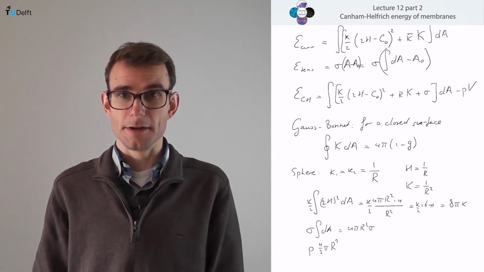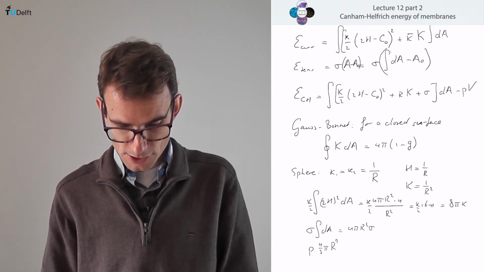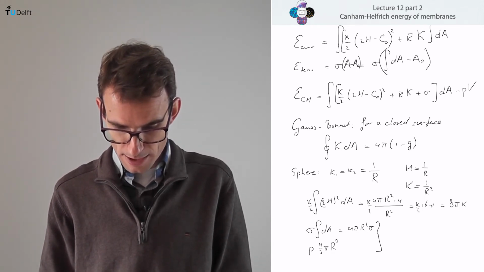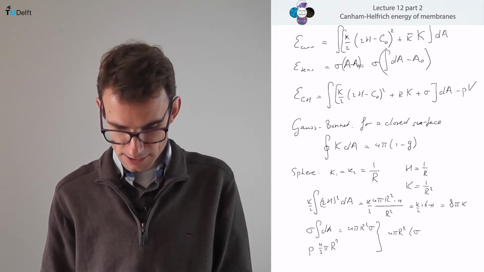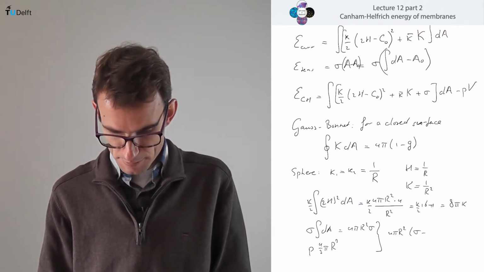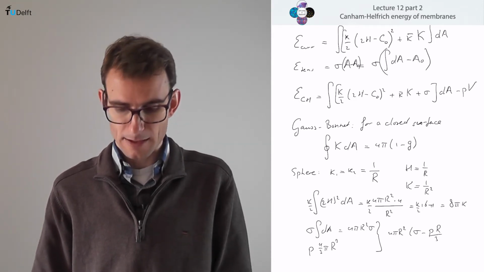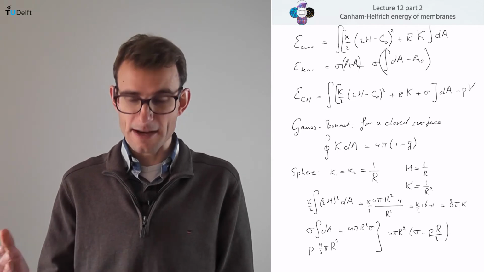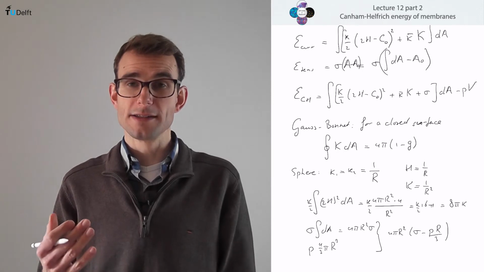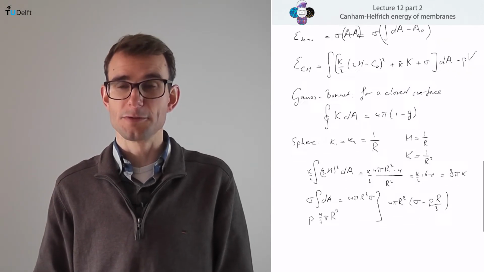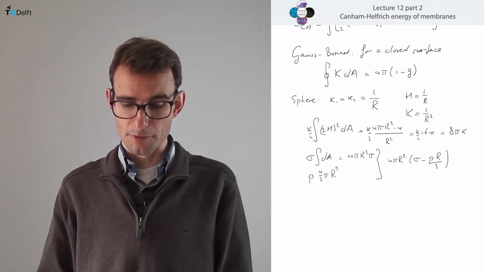And now, because the pressure term comes in negative, the combination of these two will give us an energy which is 4 pi r squared sigma minus P times r cubed over 3. And this energy can change if we change the radius of the sphere. And to find the equilibrium radius, of course, what we do is what we always do. We take the derivative to r, the curvature terms will drop out.